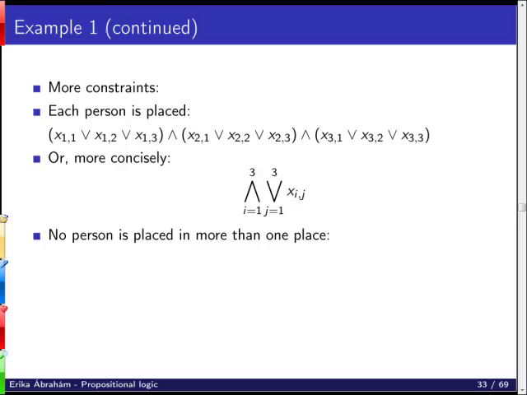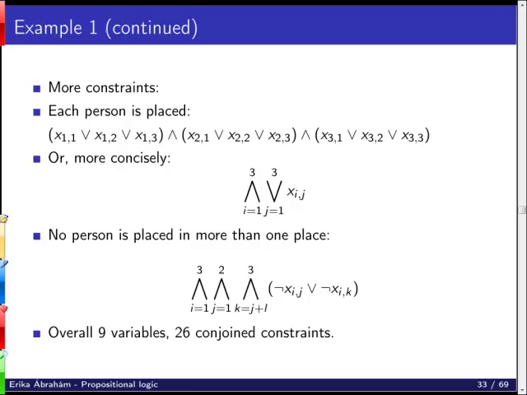Then no person is placed in more than one place, means for each person and for each seat, either the person I is not in seat J or the person I is not in seat J plus 1, not in the other chairs. Since I do that for all chairs, I only have to go to the right. Very good. So we have 9 variables and 26 clauses, yeah?